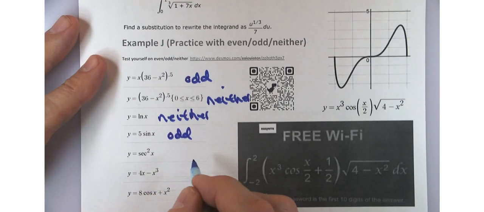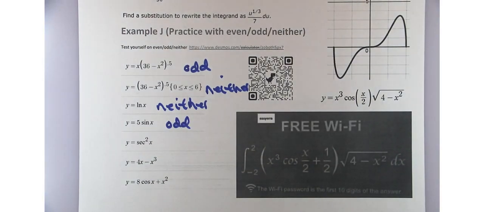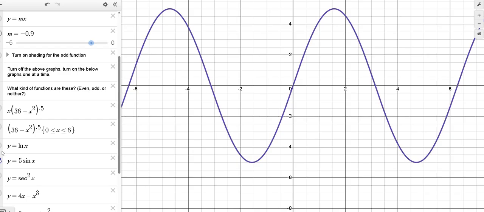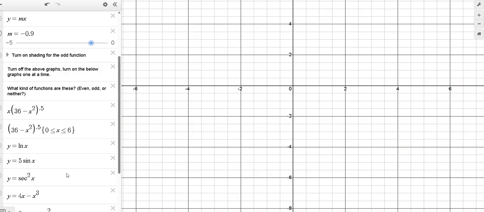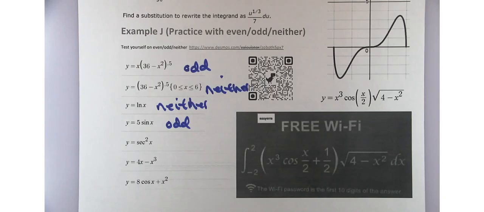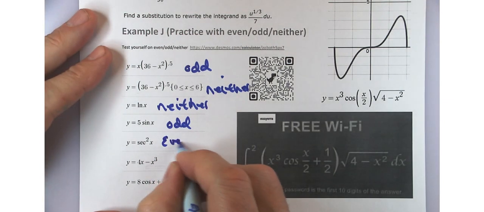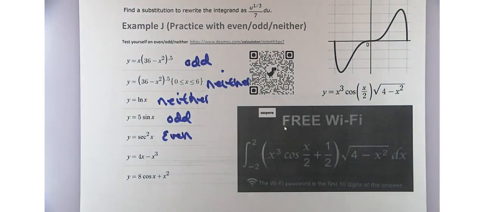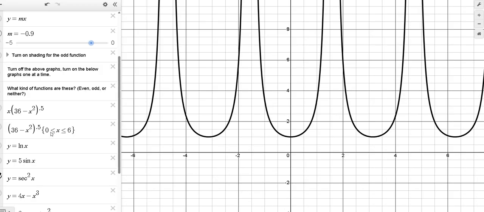One nice thing about Desmos is that it can graph the secant function. In fact, it can graph the secant squared function, which is going to look like this. Even, odd, or neither? Even. It's symmetric with respect to the y-axis. So we got a nice even function there. Four x minus x cubed, next on tap.